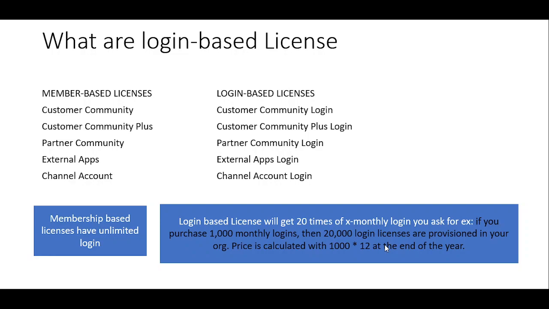So basically, if you think that you would be assigning 20,000 licenses to users, then just divide it by 20. That's what you should ask Salesforce for, because Salesforce would automatically give 20 times more licenses, but the price will be calculated based on what you ask. So if I ask for 1000 licenses, they would charge you for the whole year 1000 into 12.